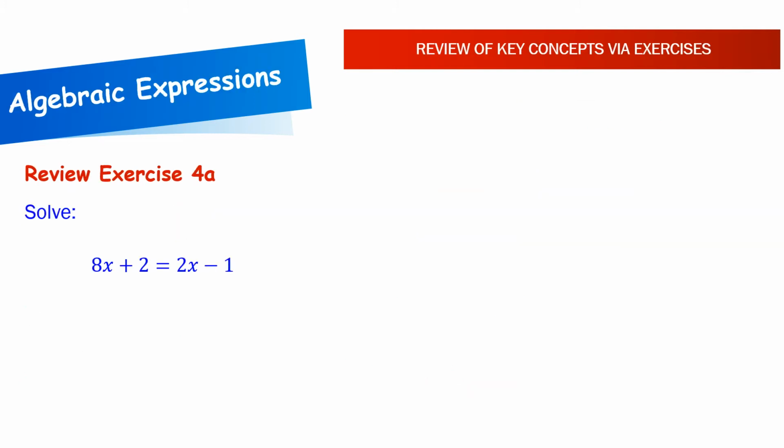And now for review exercise 4a. We are required to solve 8x plus 2 equals 2x minus 1. So in order to solve this, we need to isolate all the x's on one side and all the constants on the other.